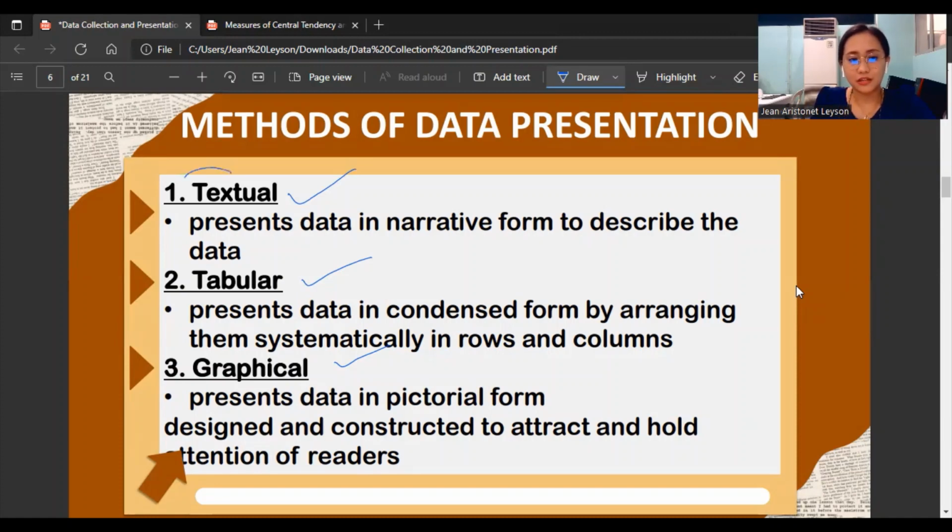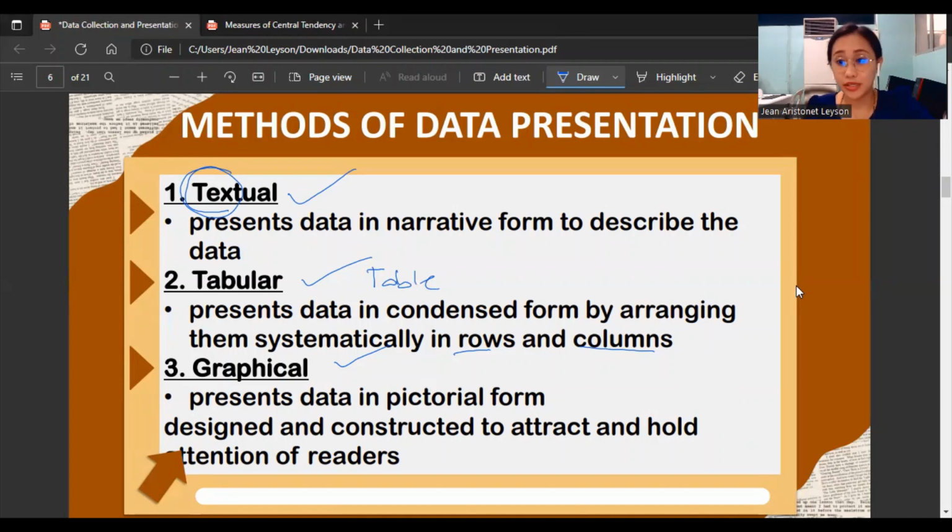So from the word itself, text, meaning data is presented through words in paragraph form. Next is the tabular method. It presents data in condensed form by arranging them systematically in rows and columns. From the word itself, tabular, meaning data is presented in a table.